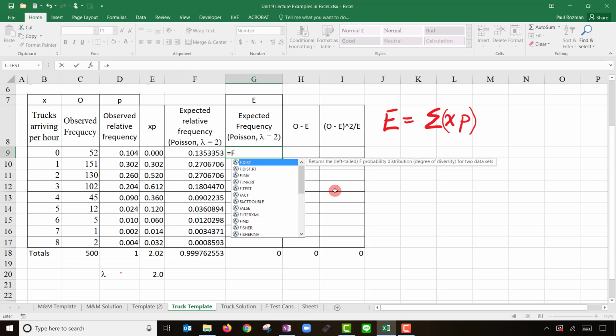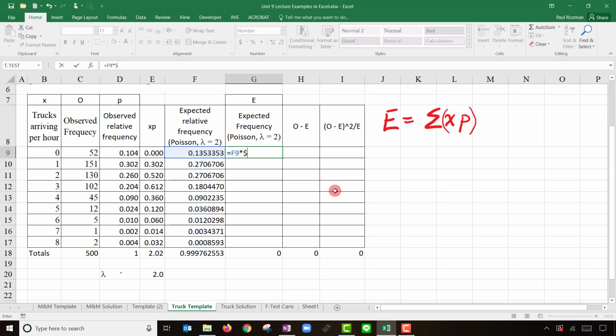So I'll say F9 times 500. I could just hard code 500 in here, but I'll say it's in C18. That way my spreadsheet will be maybe more versatile for other things.